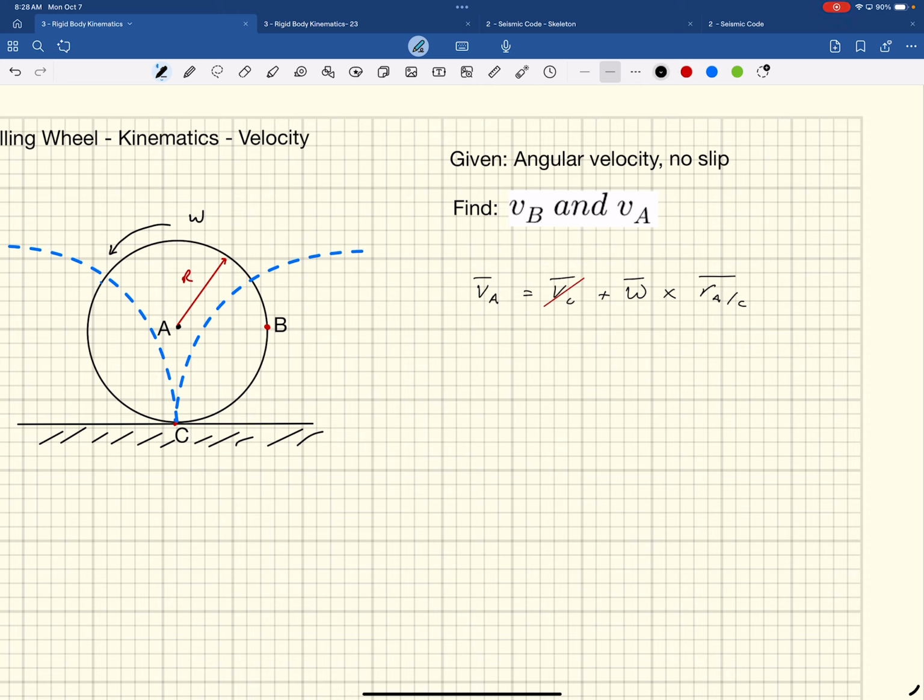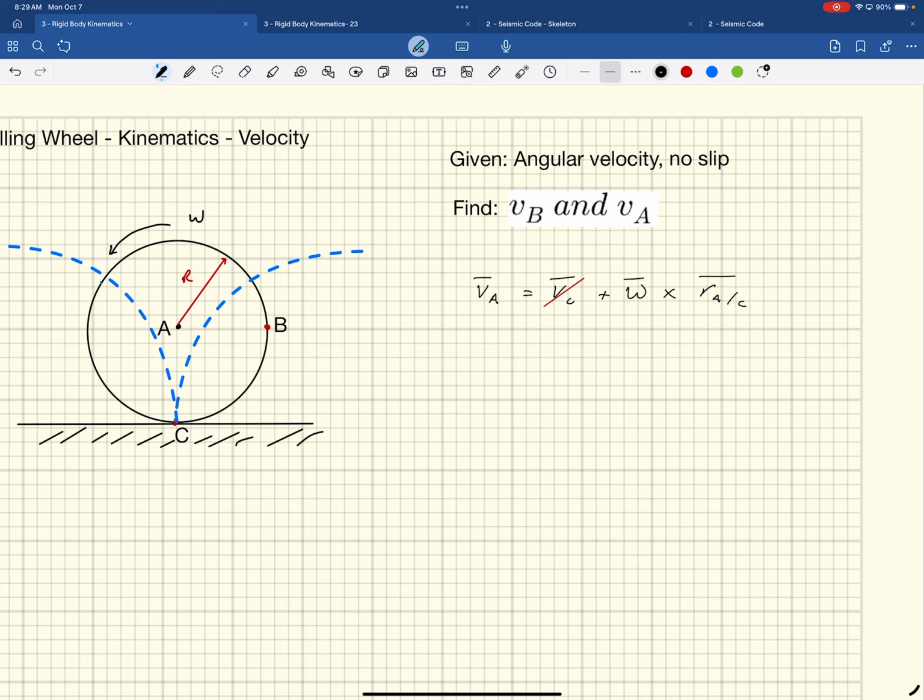You won't be able to solve some of these problems if you don't recognize that. Recognize where it's touching the ground that has a 0 velocity. Even if it was on the wall on the side, where it was touching that wall would be 0.